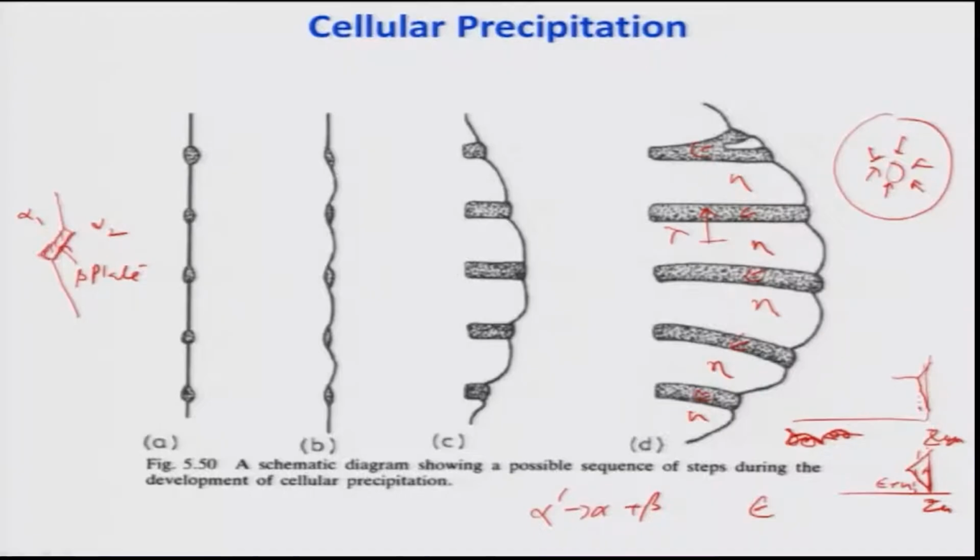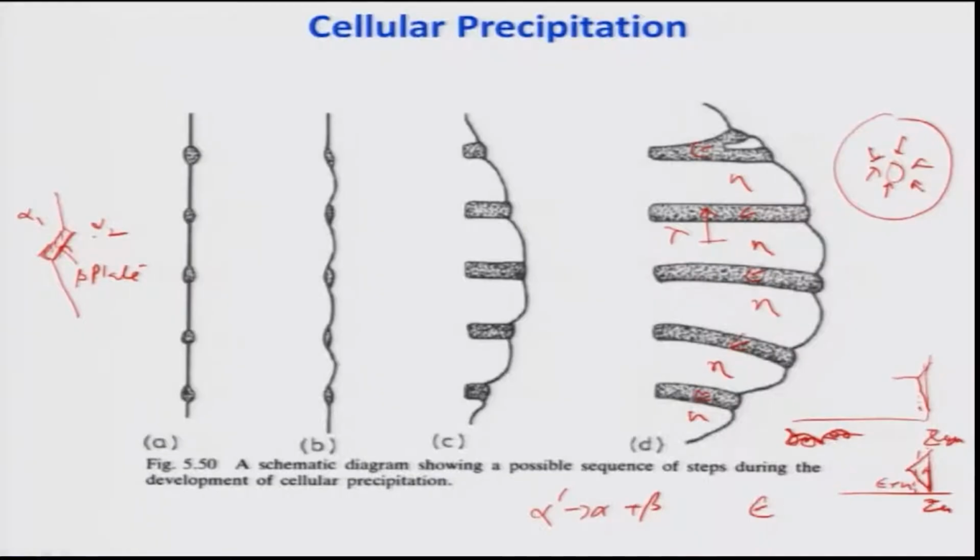So, the interface with alpha 2, the way it is formed, looks incoherent, and the rate of nucleation of such a precipitate is expected to be much more than that of coherent or semi-coherent particles within the grains, or that of incoherent particles within the grain boundaries.